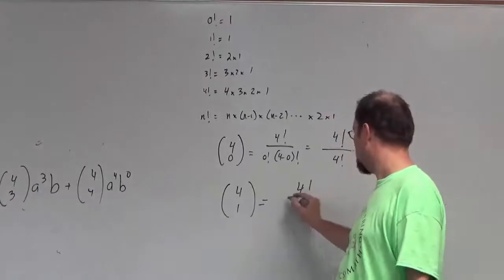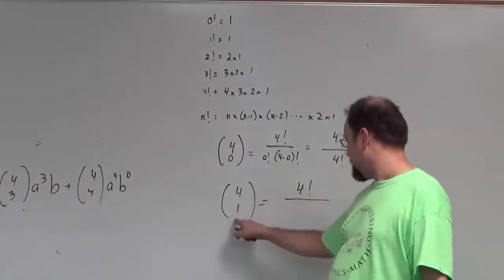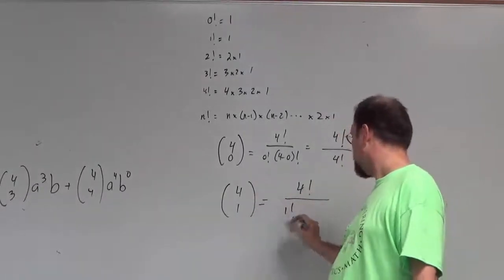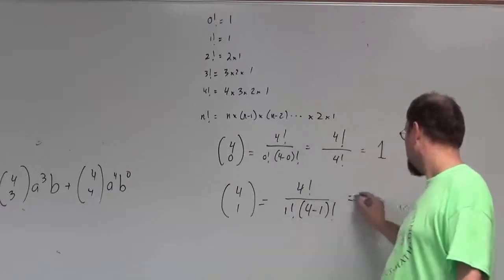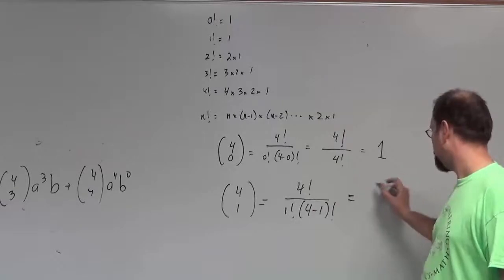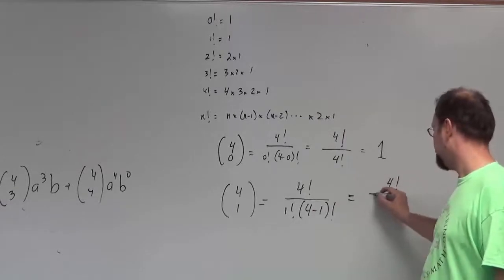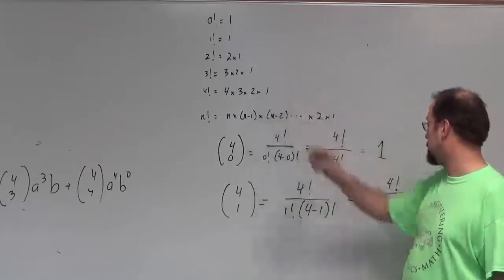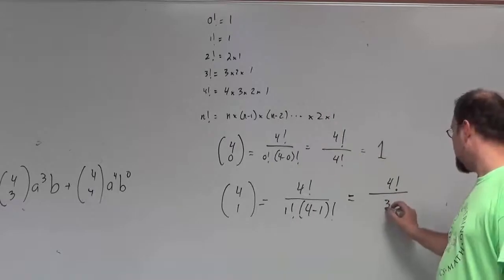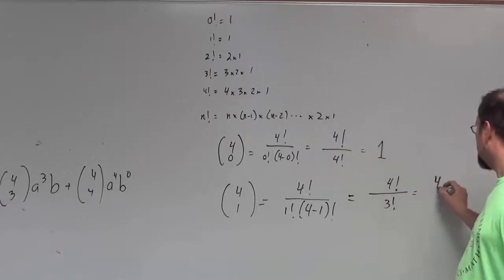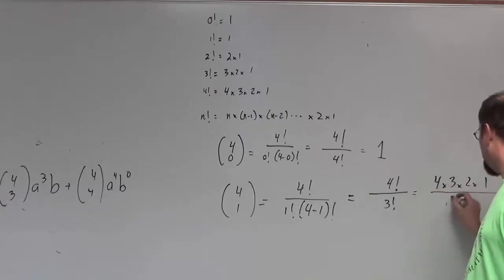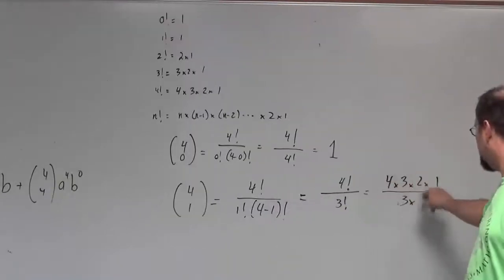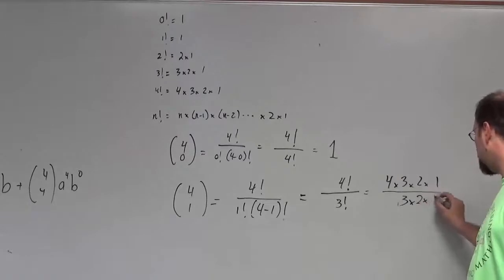And 4 choose 1, you compute as n factorial divided by k factorial times n minus k factorial. 1 factorial is 1, and then we have 3 factorial. If I were to write this out, I shouldn't have bothered, right? Because this is 4 factorial, this is 3 factorial.